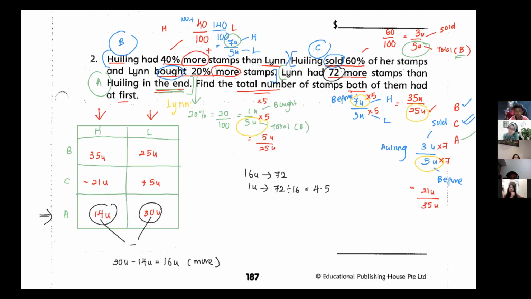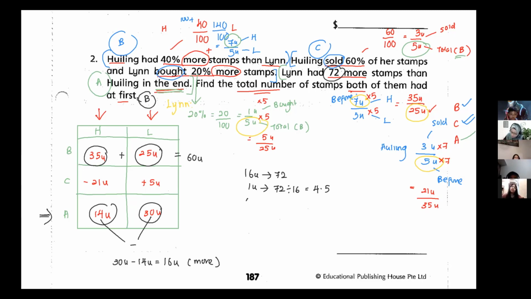What are we supposed to do? Find the total number of stems both of them had at first. At first means before. Both of them, Hui Ling and Lin, plus, because it's the total: 35 plus 25 equals 60 units.